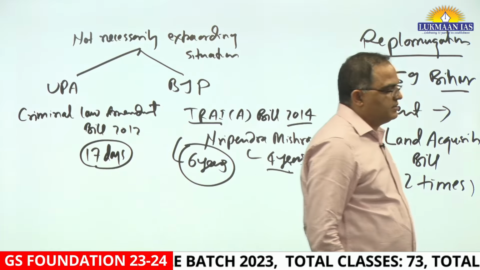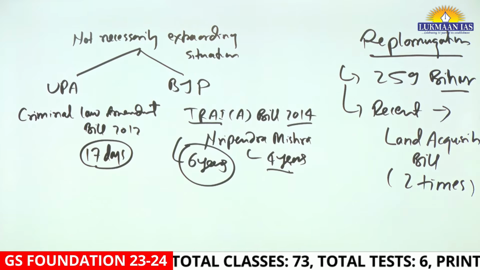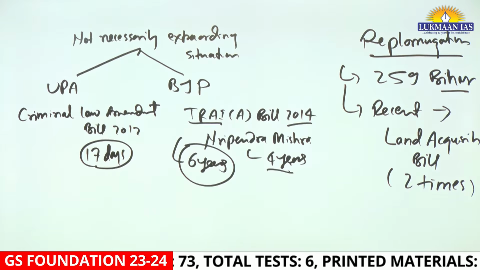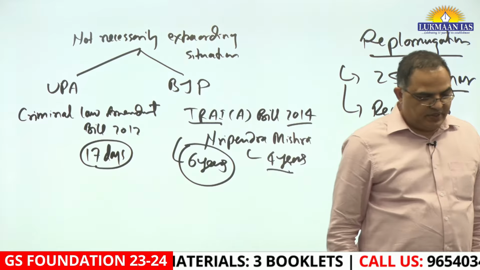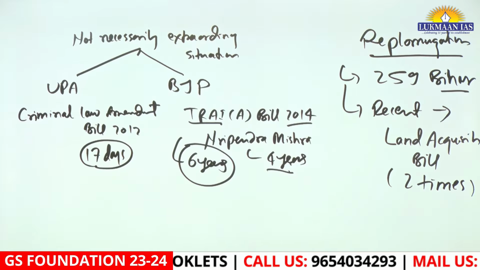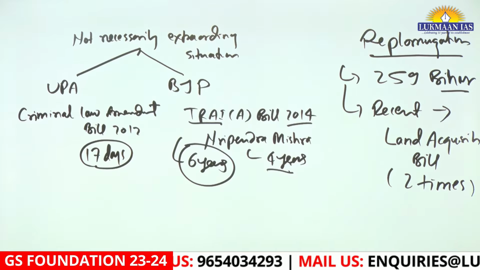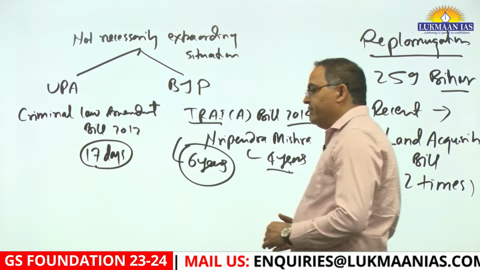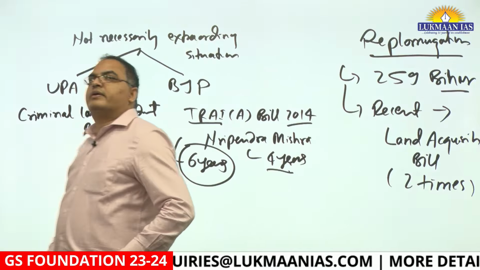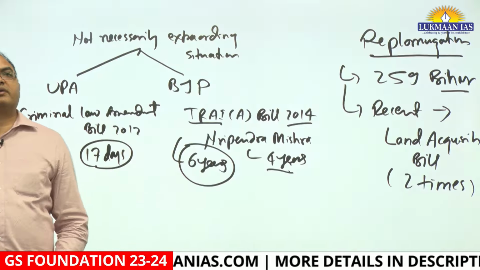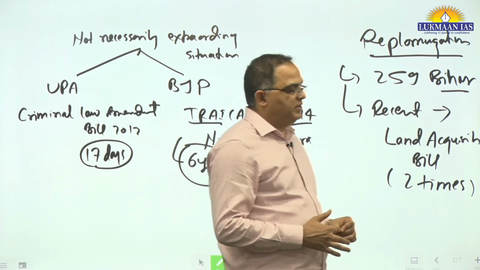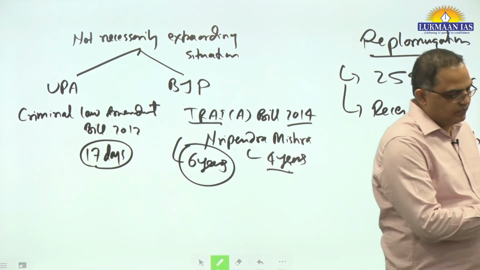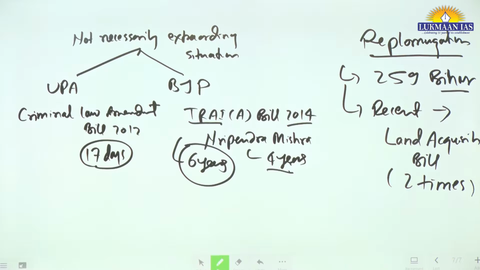An empirical analysis. It is a public ad, so we can write this term, but don't write it in GS. An empirical analysis shows that, first, not all ordinances have been issued based on extraordinary situations.